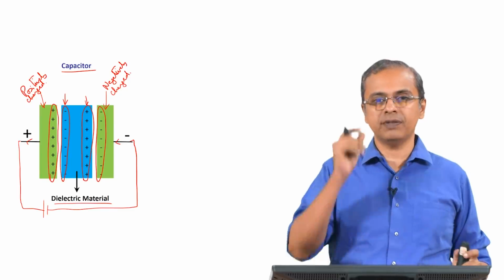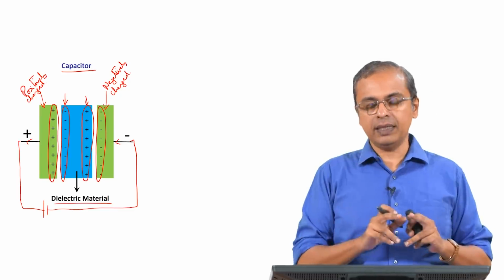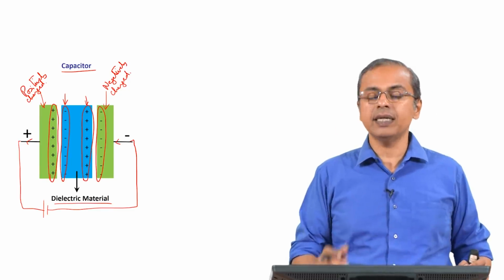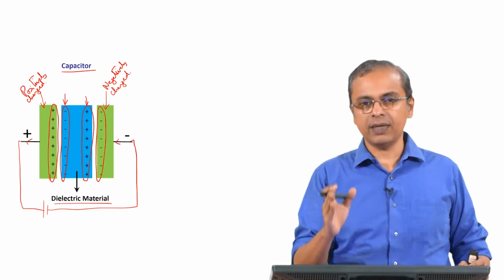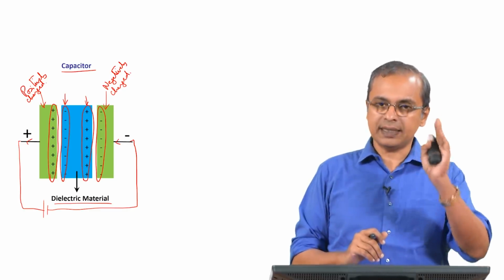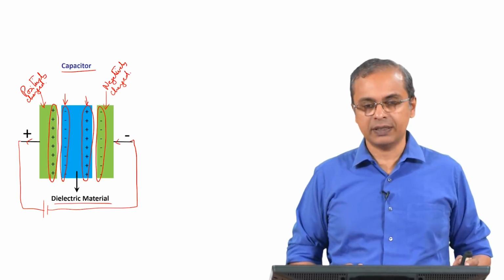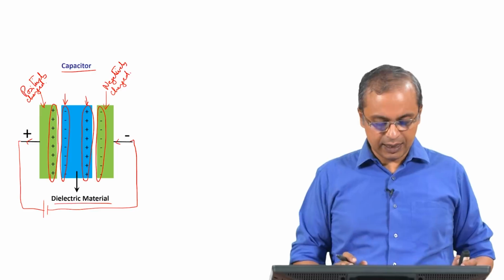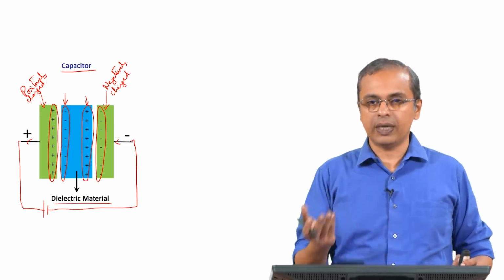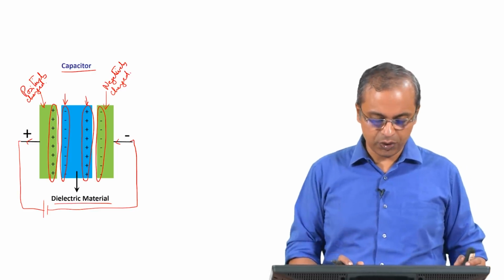Here you have positive charge being collected. In the middle you have the dielectric material. There also on the surface of the dielectric material, on one side you have positive charge, on the other side you have negative charge. So this is the way in which the capacitor is functioning, and in this process charge is stored, energy is stored, you can release the energy depending on your requirement.